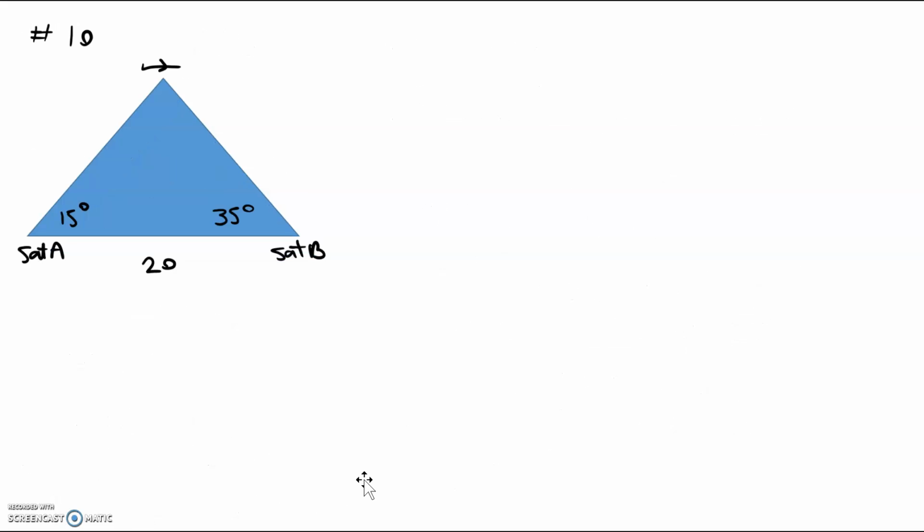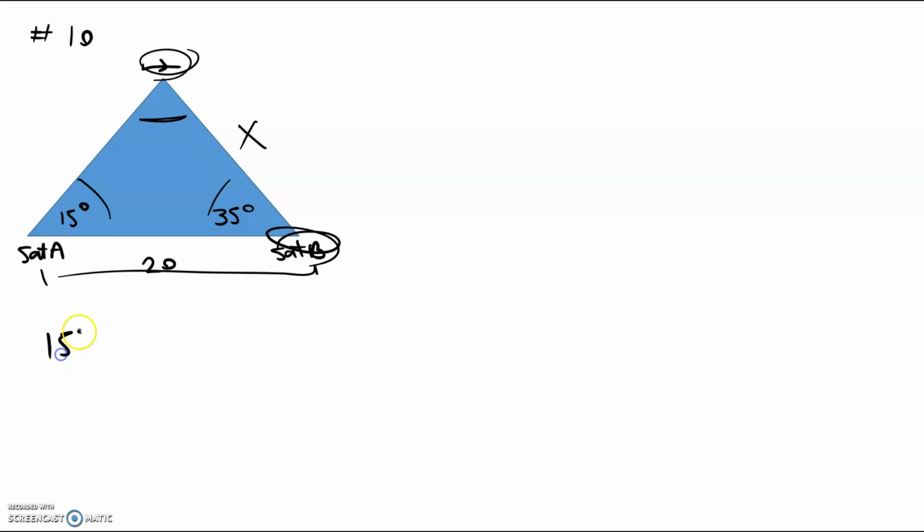Okay, and then the last one says you've got satellite A and satellite B. The distance between those two is 20. We're trying to find the distance from this airplane to satellite B, so I'm trying to find this side right here. Now notice we've got an angle, side, angle case. So the easiest thing to do is find this little angle right here.